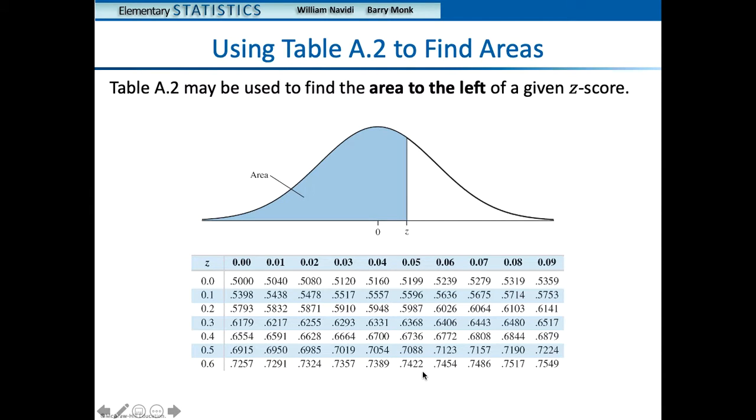I use the second decimal place to find the correct column, and the first decimal place to find the correct row. Where they meet is this number, 0.7422. And that is the area to the left of the z-score 0.65. Sorry about that, I misspoke briefly.